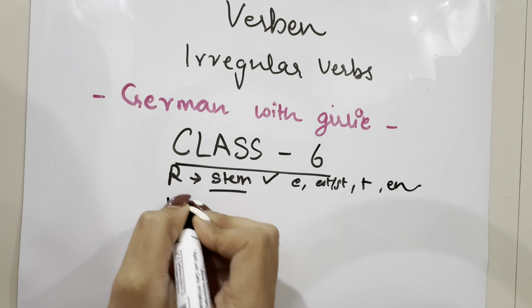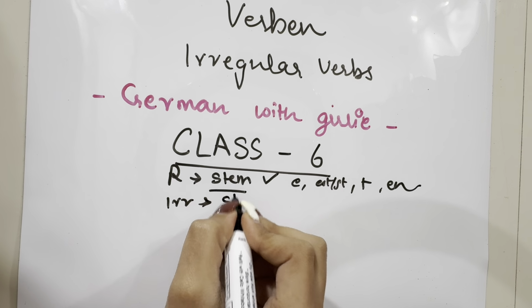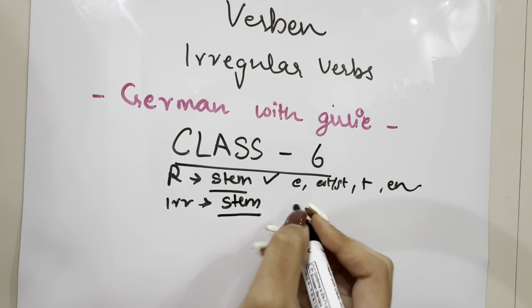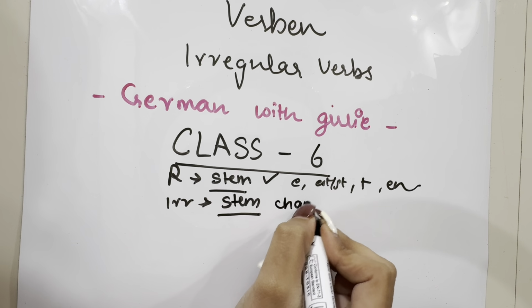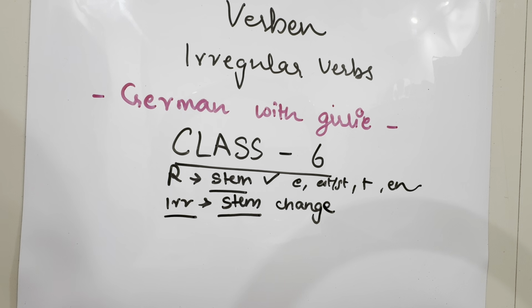But in the case of irregular verbs, the stem will not remain the same. So stem changes in the case of irregular verbs. Now without any further ado, let's get into the video and learn some verbs.